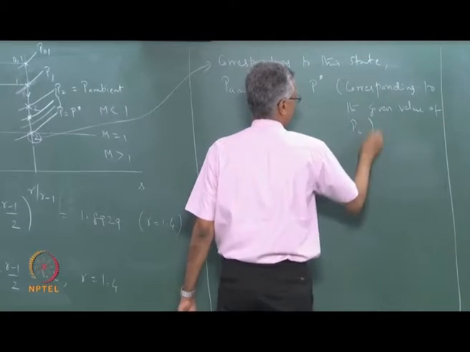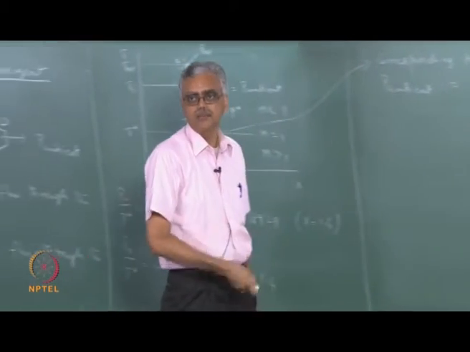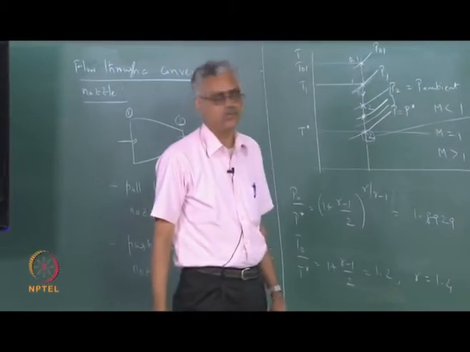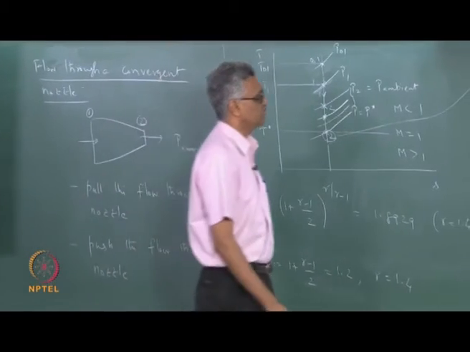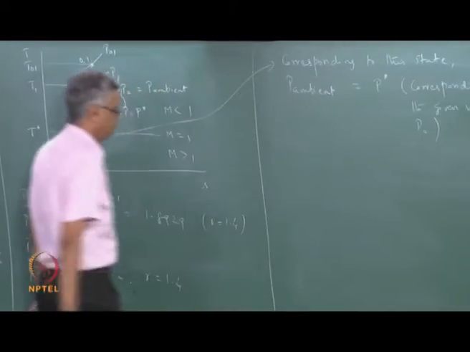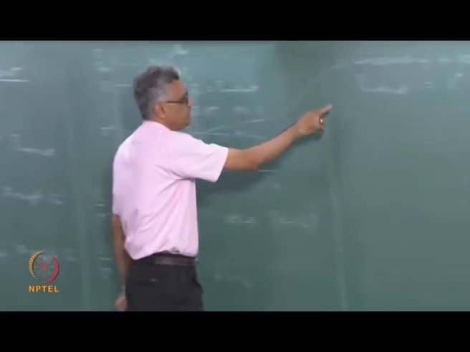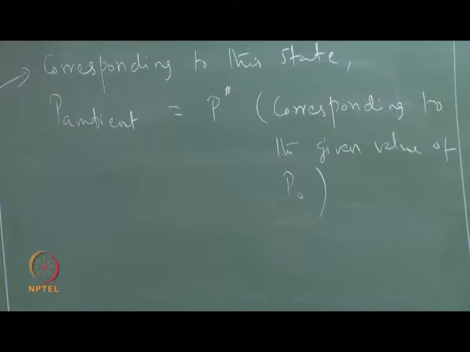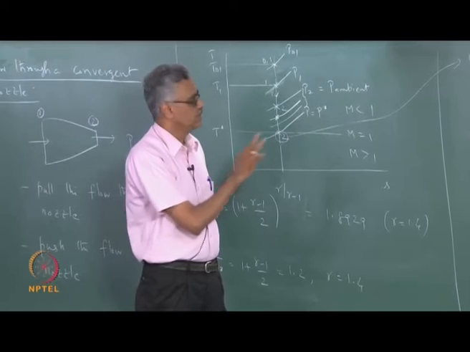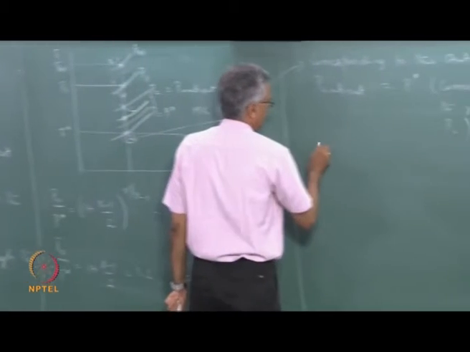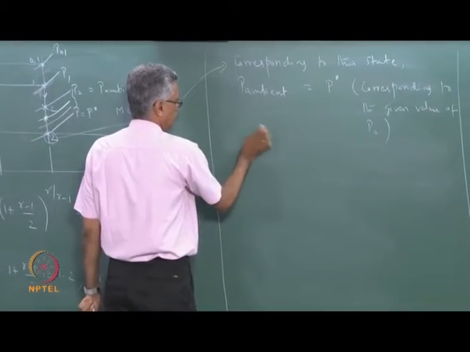P naught remains constant throughout. We are changing the ambient pressure, we are pulling the flow through the nozzle, so P naught remains constant. For the given value of P naught, I calculate P star from this expression, and when the ambient pressure reaches a value equal to that, I attain this state. That is the most important point.